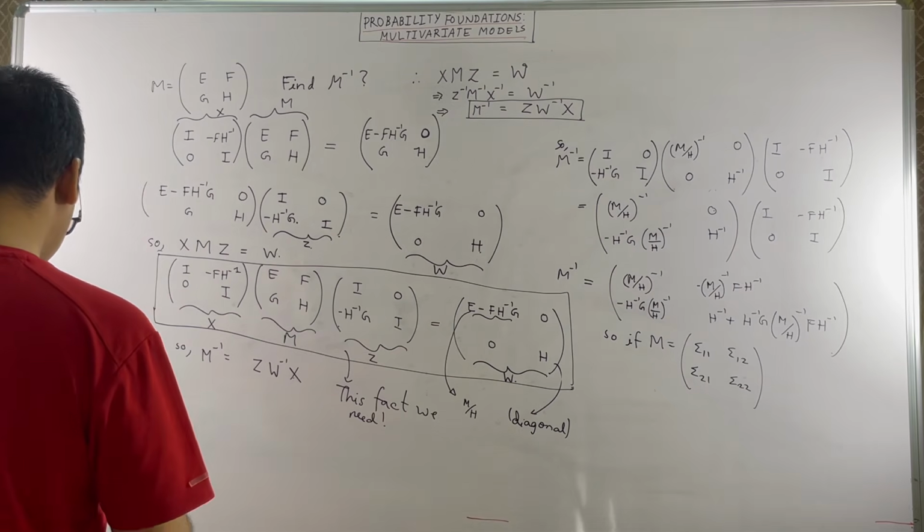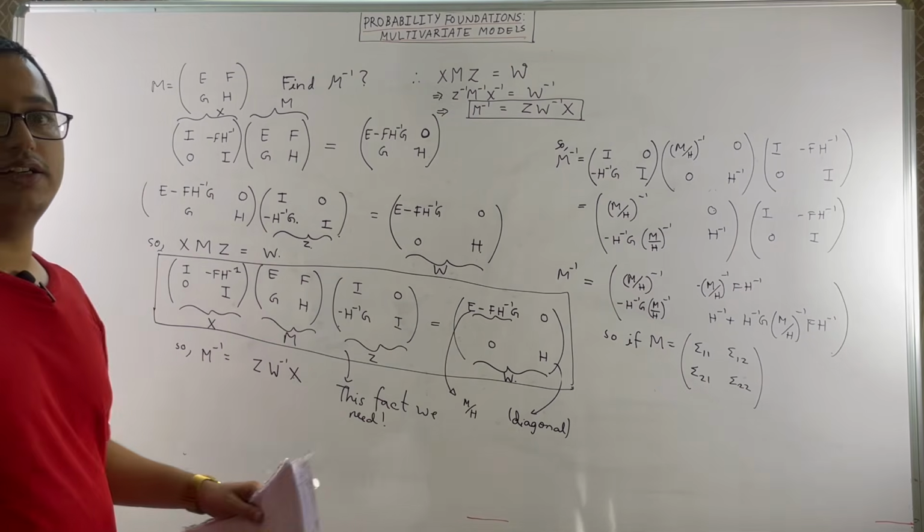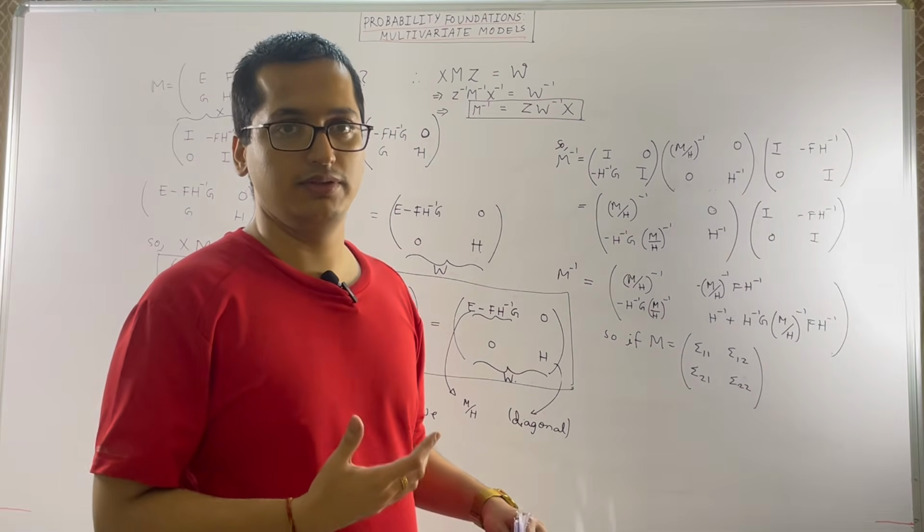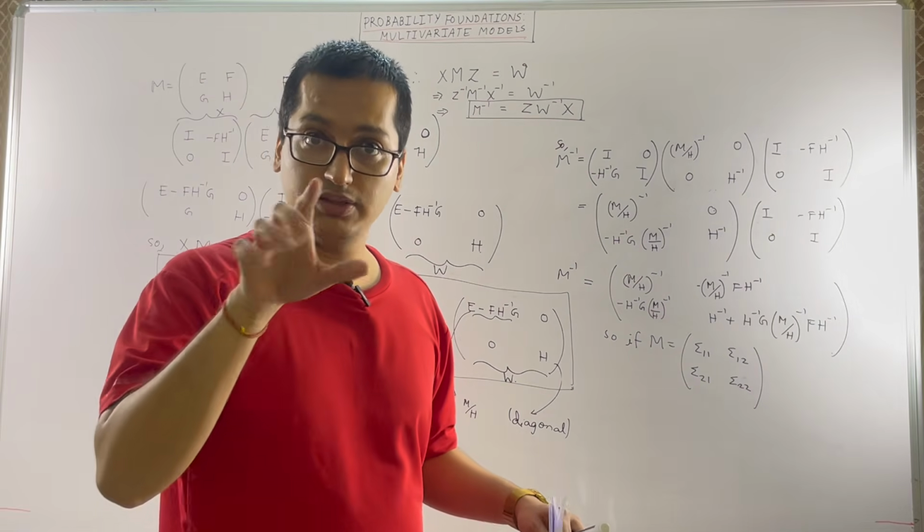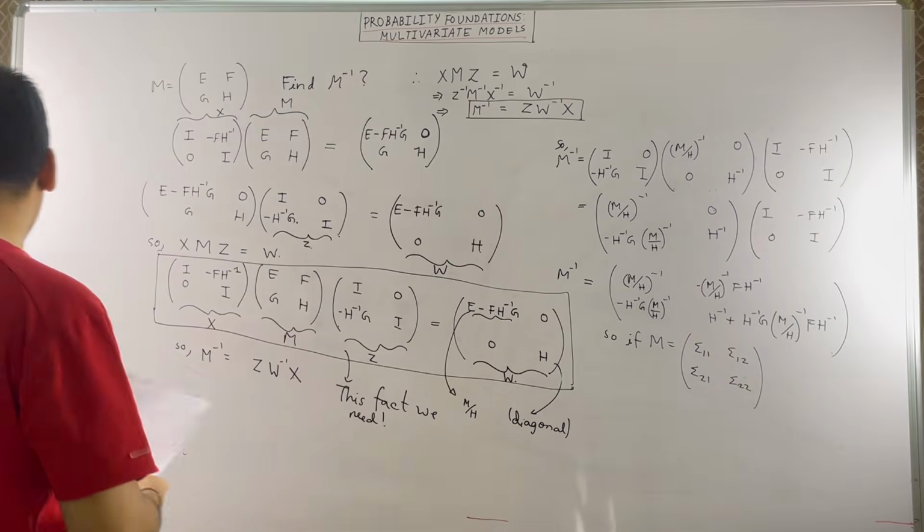All right, so now we derive the conditionals of our multivariate normal. The equation that I wrote in the blue box, we will derive that.